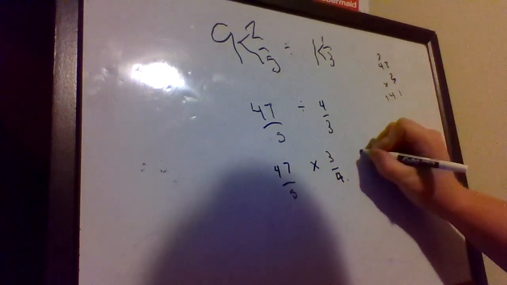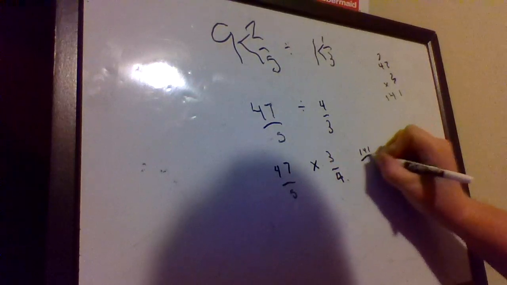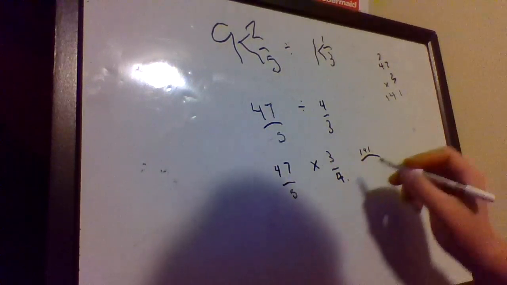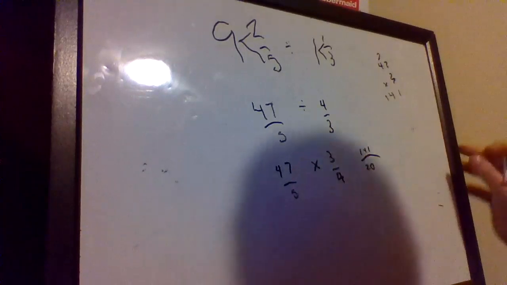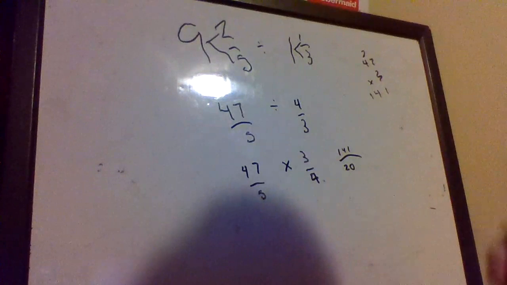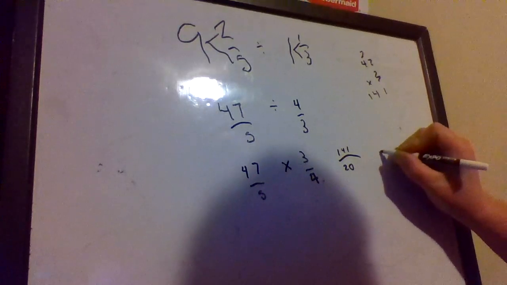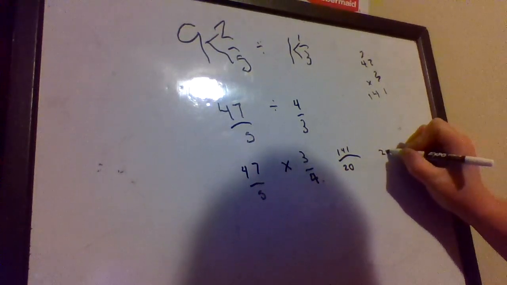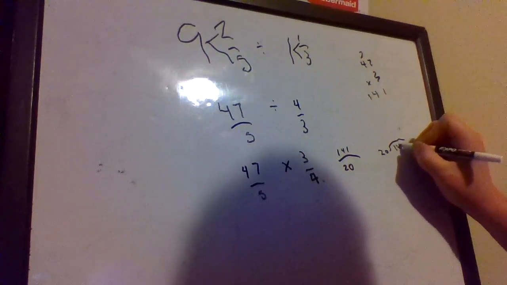So we got 141 on top, and 5 times 4 is 20, so we got 20 on the bottom. Alright, now there's no simplifying that we can do, so we've just got to divide. 141 divided by 20.